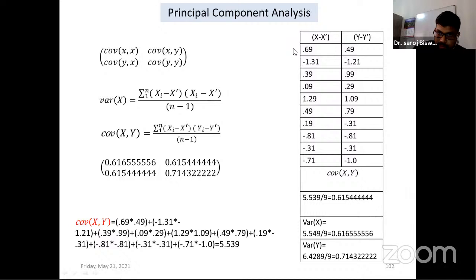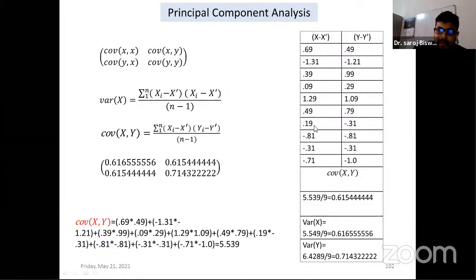So now we need to multiply this and this. We have multiplied this and this here. Plus, because this is a summation, the second observation: this into this. Similarly, for the third observation, we did this into this.